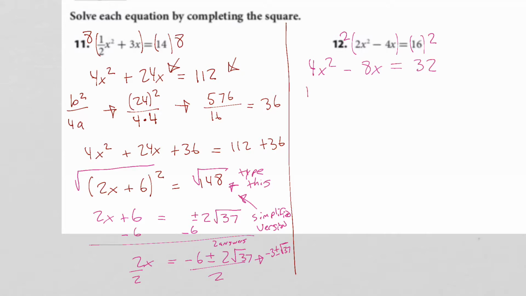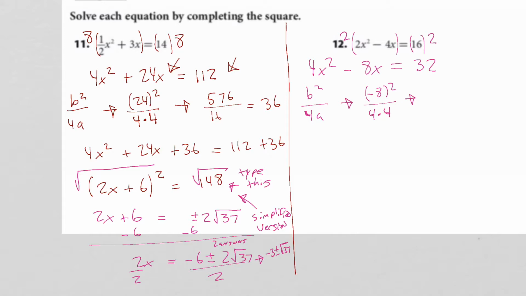So again, because a is not 1, and now a is a perfect square for me, I'm going to use this formula. And I'm going to get negative 8 squared on top divided by 4 times how much is a? A is 4. And all that's going to be used to actually figure out what I have to add to both sides of the equation.